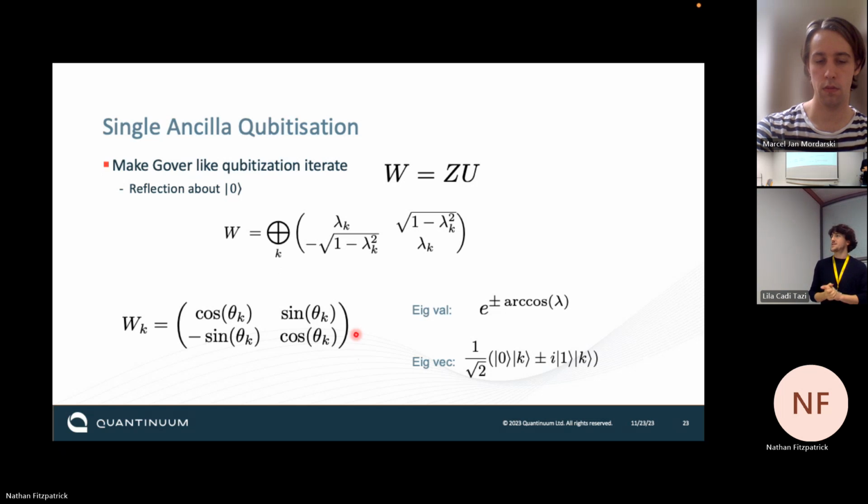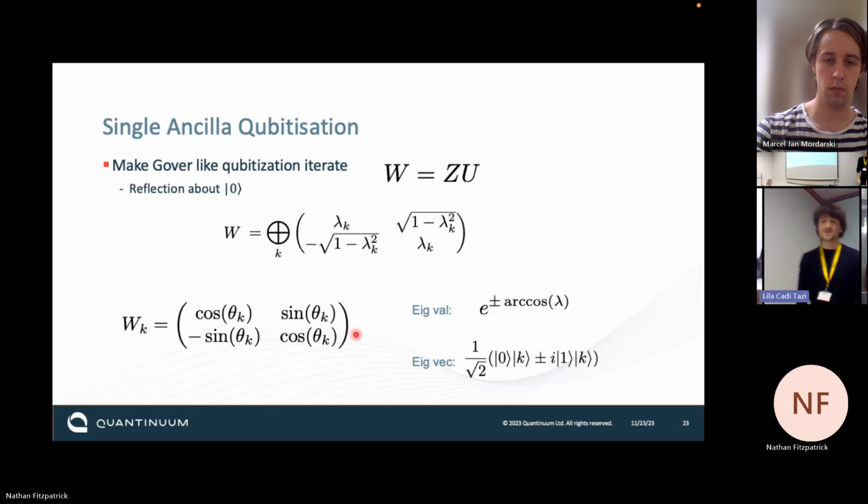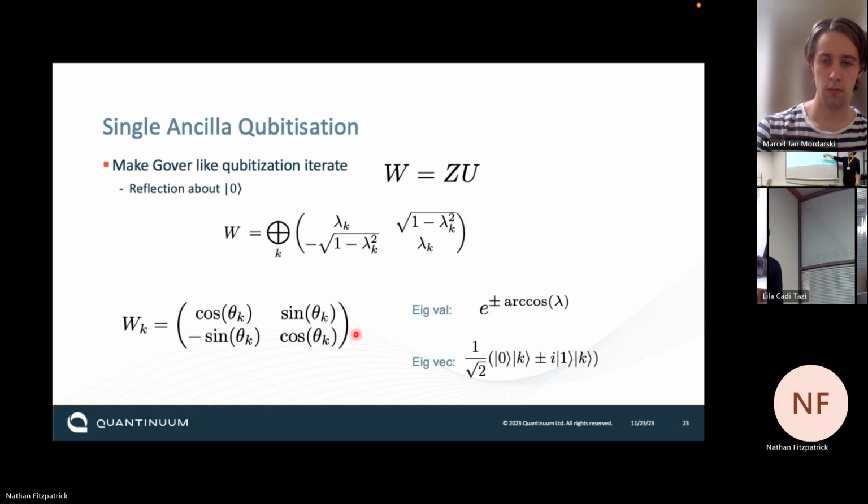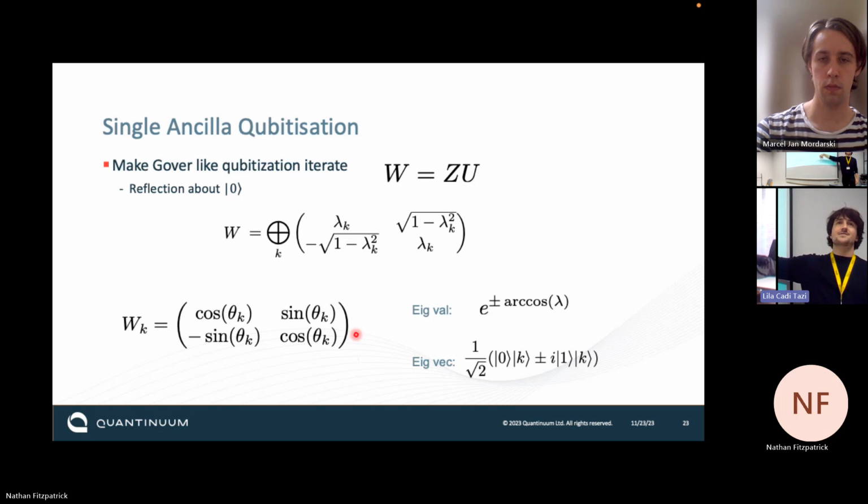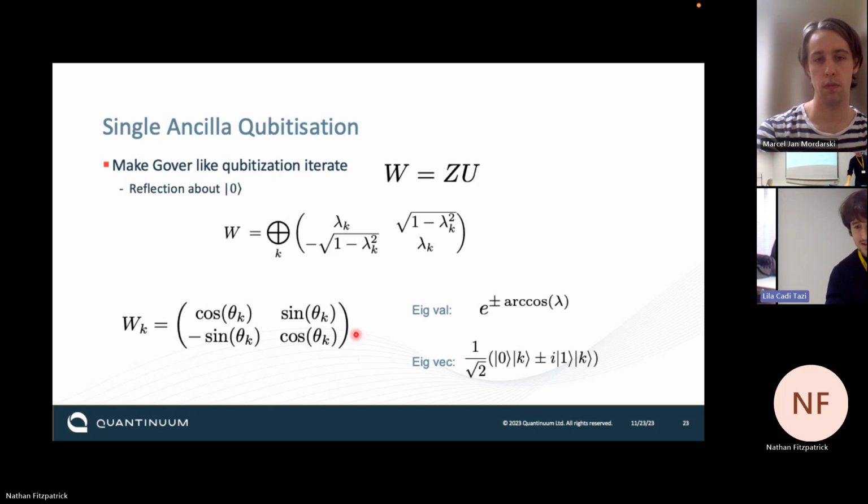Okay. Now, this is where the first applications of this come in. You might notice that the eigenvalues are now contained in this slightly different object. I think there should be an i there. Yes, sorry.